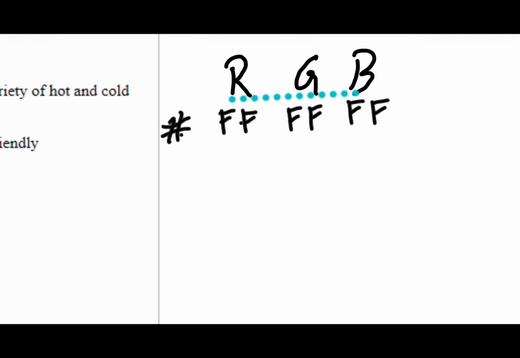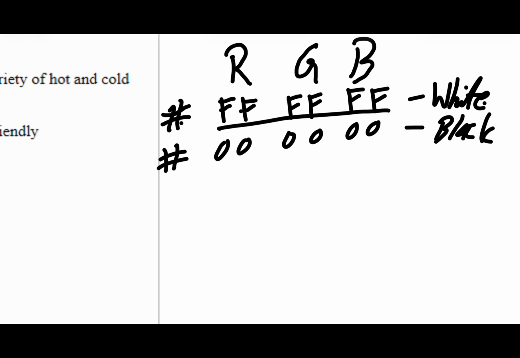If it is 000000, then this will be black color. Means if every color is faint, these three colors are faint, then the color will be white. If all the colors are highest, then that color will be black.